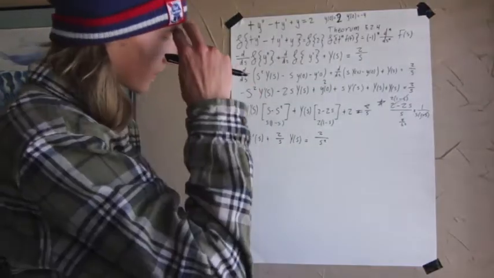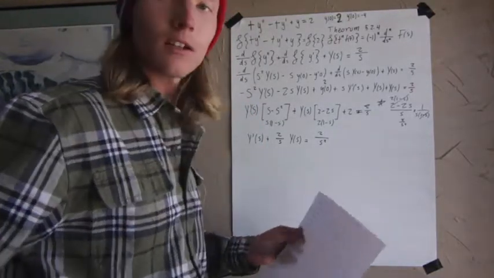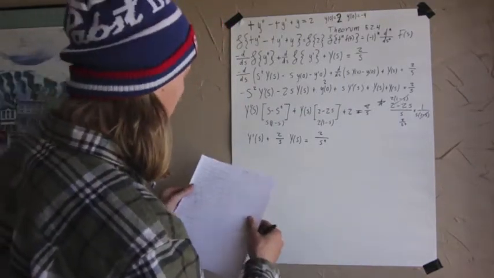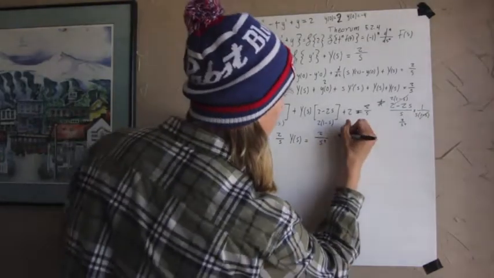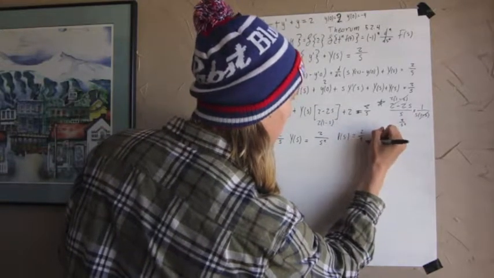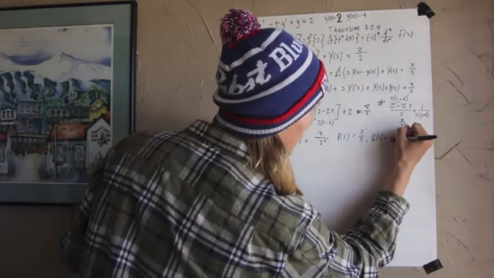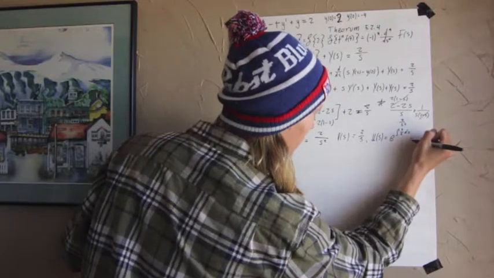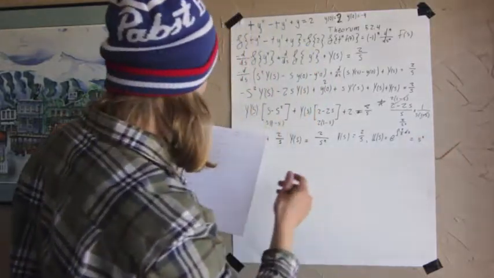At this point we have a first order linear differential equation, which we can solve using some of the techniques that we learned at the beginning of the year. So I will proceed as such. Considering this term here, our P of s is going to be 2 over s. Mu of s is equal to e to the integral of 2 over s ds, which simplifies to s squared.